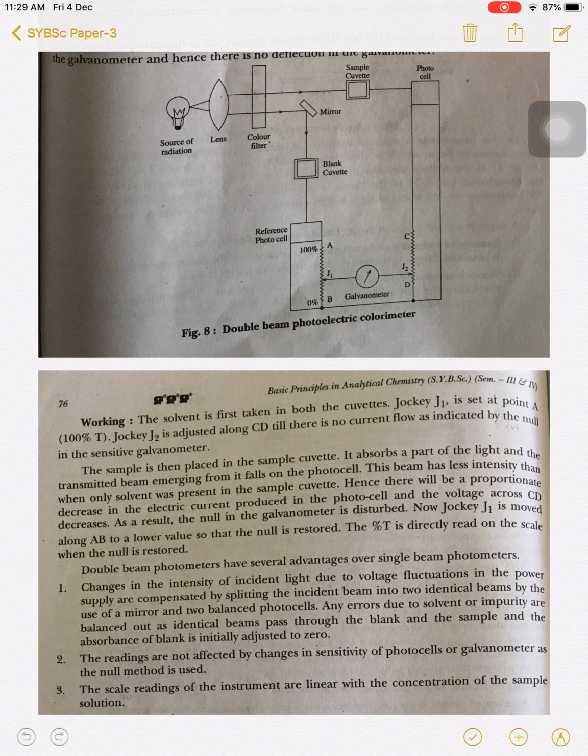The sample is then placed in the sample cuvette. By putting the sample in this sample cuvette, the sample absorbs a part of the light and the transmitted beam emerging from it falls on the photocell. So some amount of radiation is absorbed by the sample solution, and whatever amount remains is transmitted and falls on the photocell.